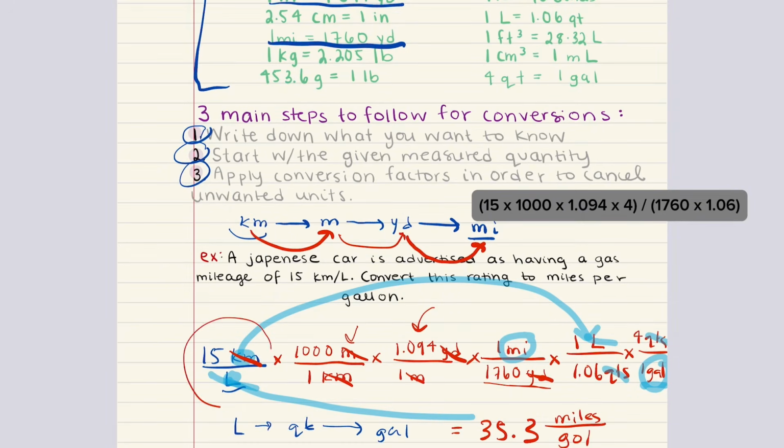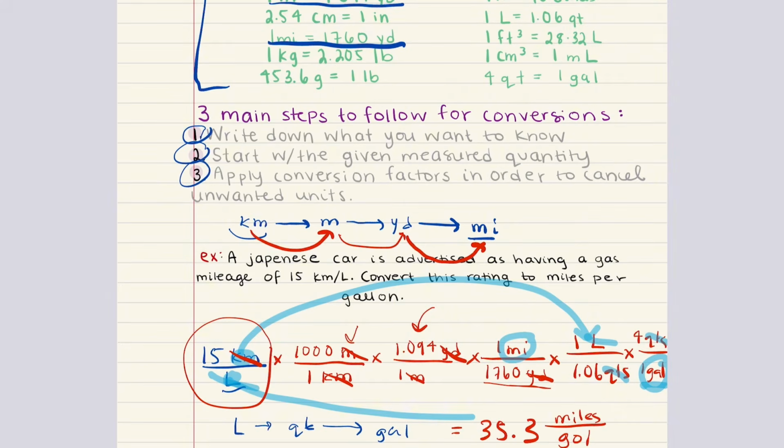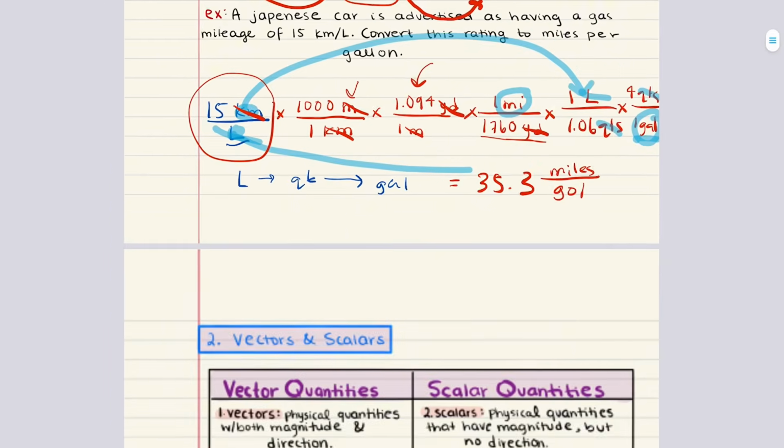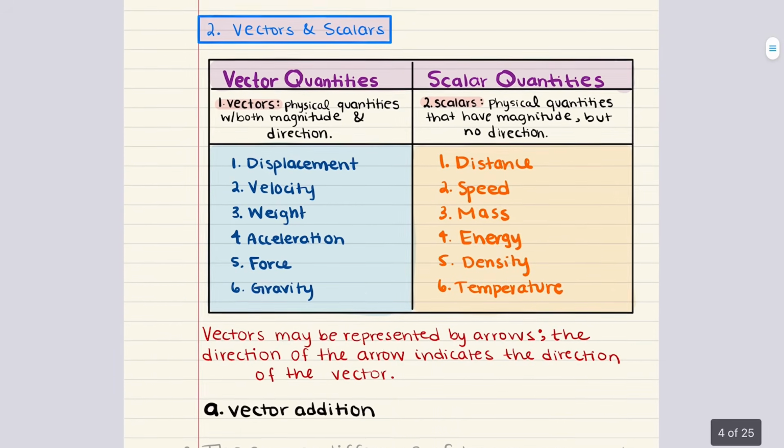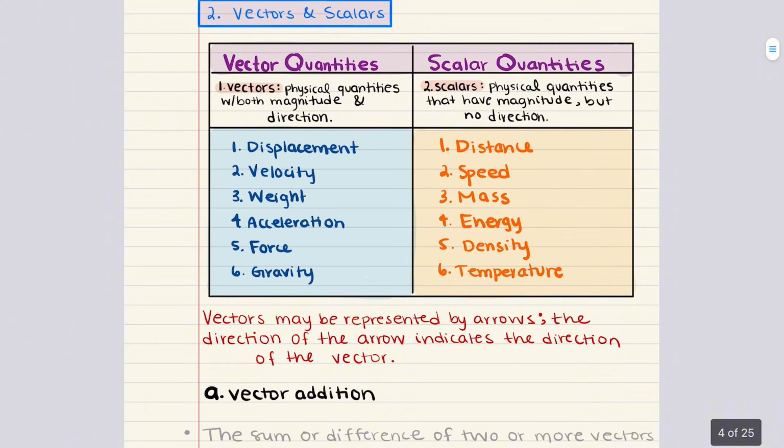So 15 kilometers per liter is equal to 35.3 miles per gallon. So that's how we can use dimensional analysis to convert from one system of units to another. Now we can go ahead and move into our second objective where we're going to discuss vectors and scalars.